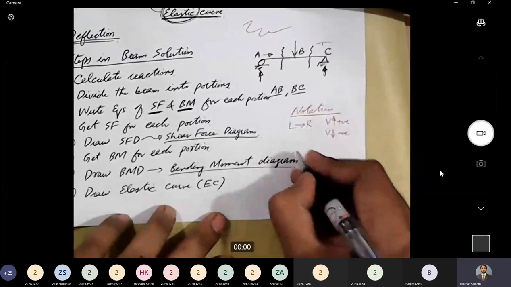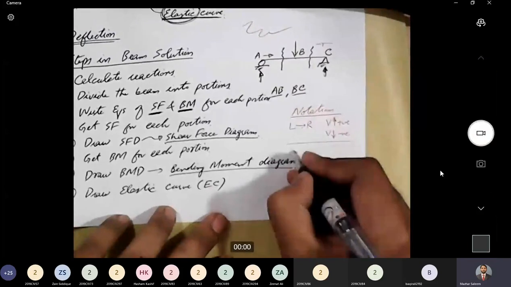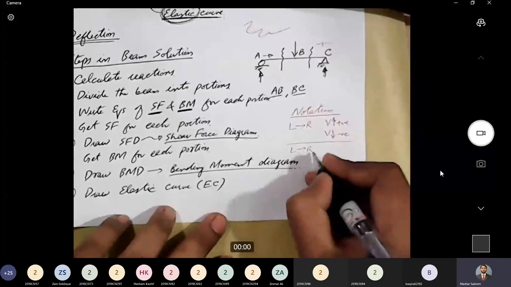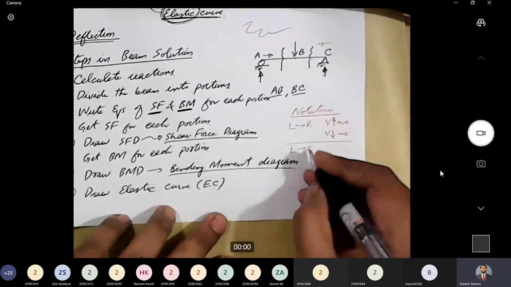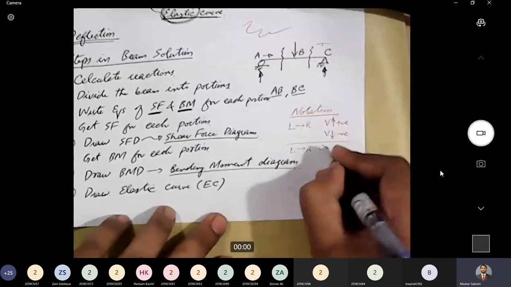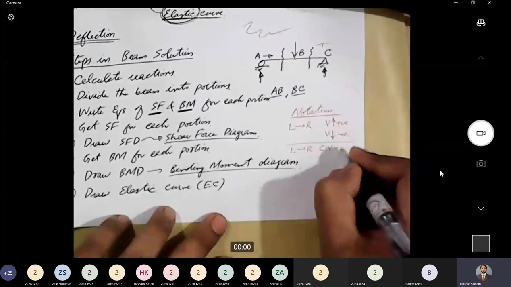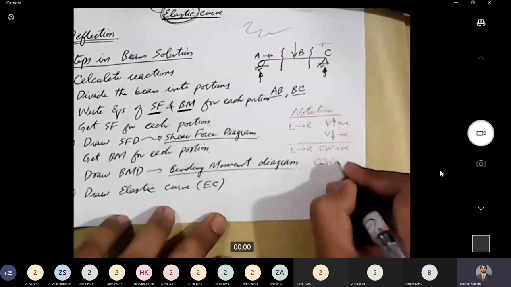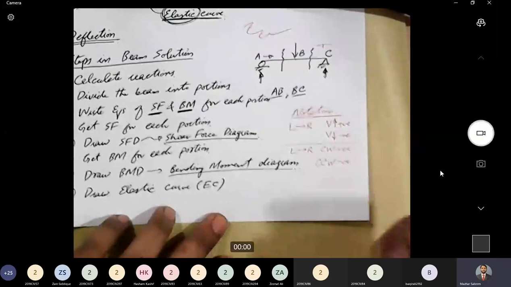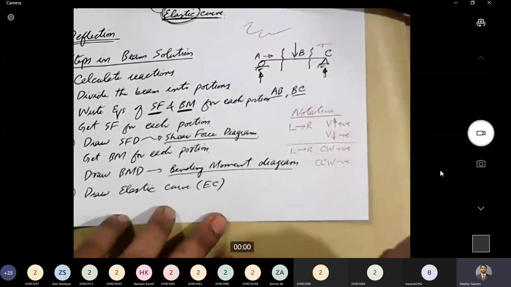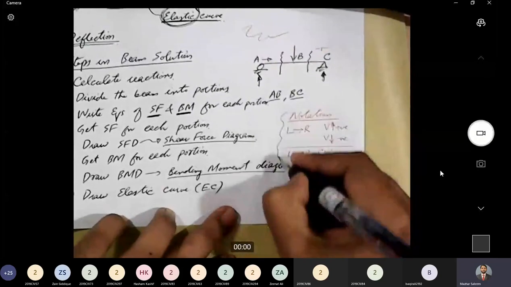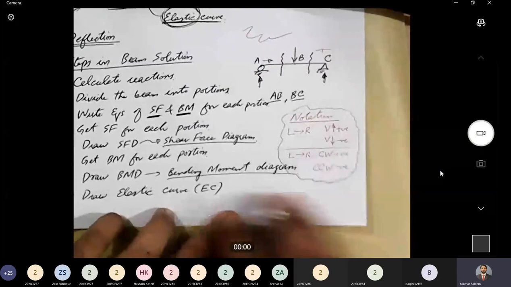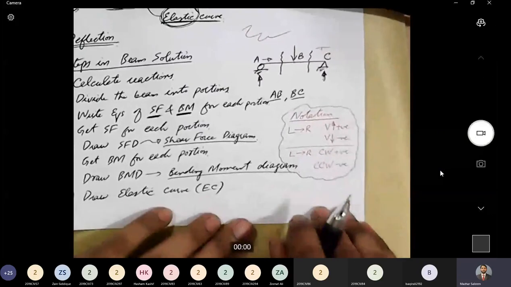And for bending moment, again, we will be moving from left to right, and our convention will be we will take clockwise moment as positive and counterclockwise moment as negative. Note down this convention and keep it in your mind.